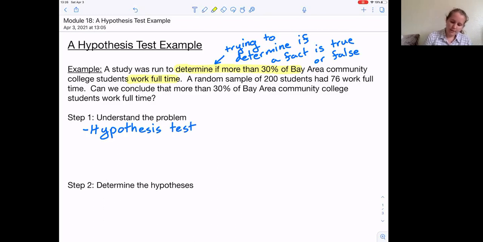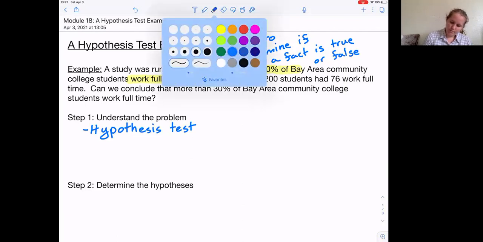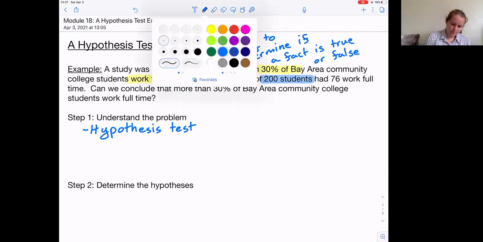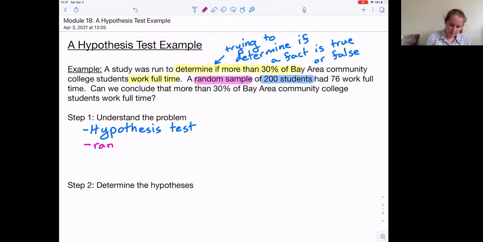We have a random sample, again, extremely important, which has 200 students. And 76 work full-time. So we have our random sample of n equals 200.